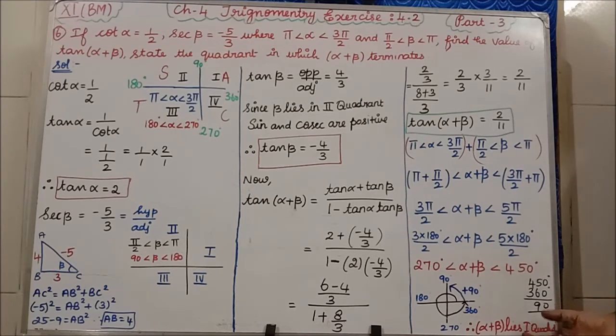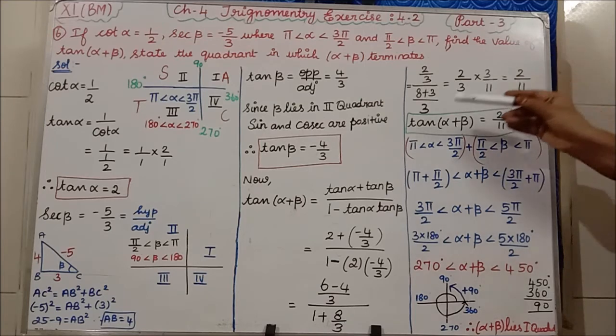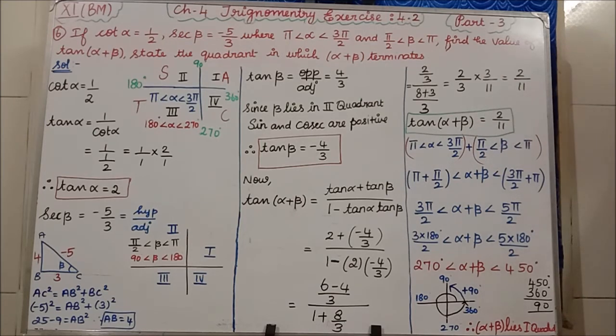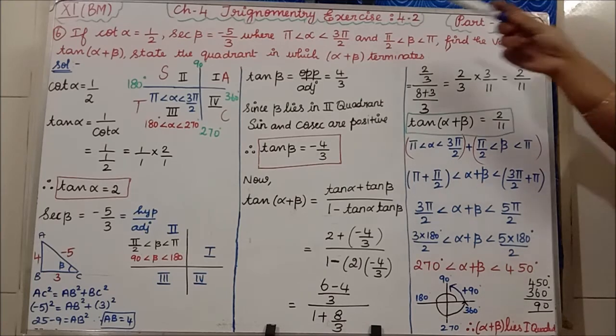Since I have no space, I have written very shortly. You write it neatly. Alpha plus beta lies in the first quadrant. We have to write it and finish it off. Clear students? In this question we have to find two values. What are the values we have to find? Tan of alpha plus beta value, and another one is in which quadrant alpha plus beta lies.